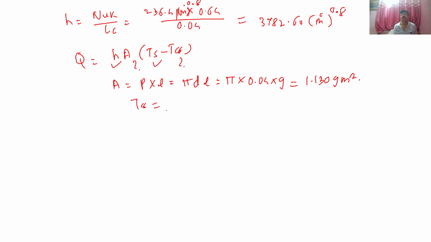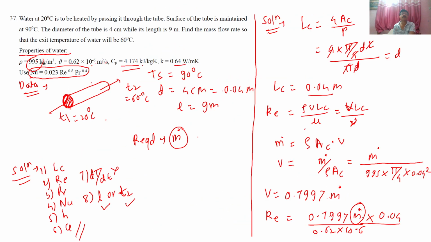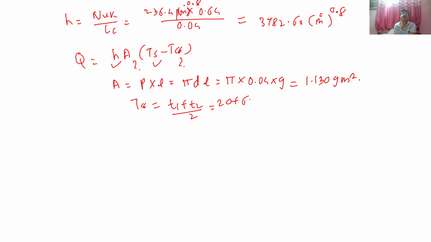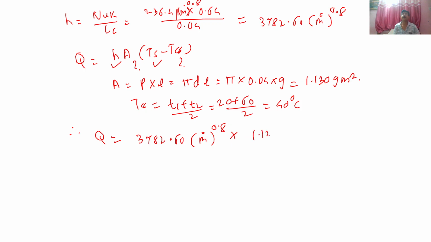T infinity is the entry plus exit average, so (T1 plus T2) upon 2. It is 20 plus 60, upon 2, which is 80 divided by 2, 40 degrees Celsius. So let's put the values. Q is equal to h, 3782.60 m dot raised to 0.8, into the area 1.1309, and into Ts minus T infinity.